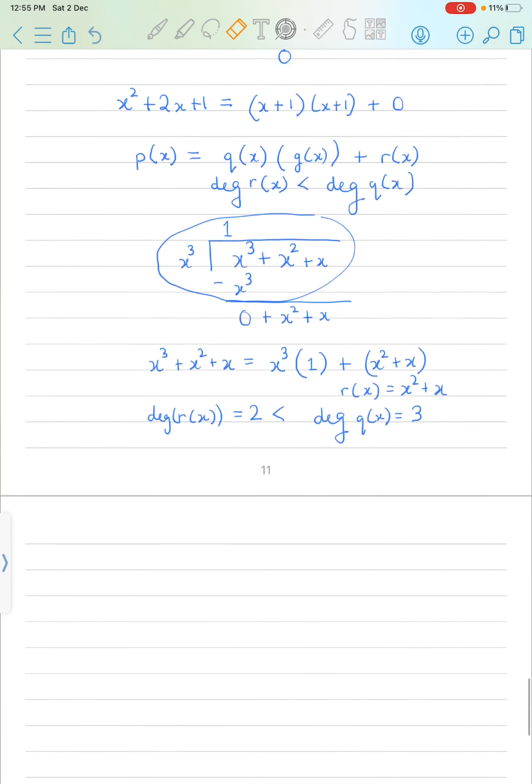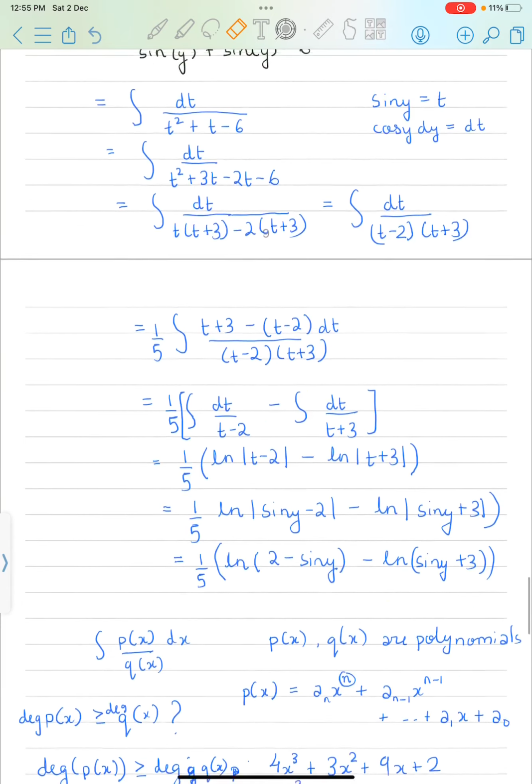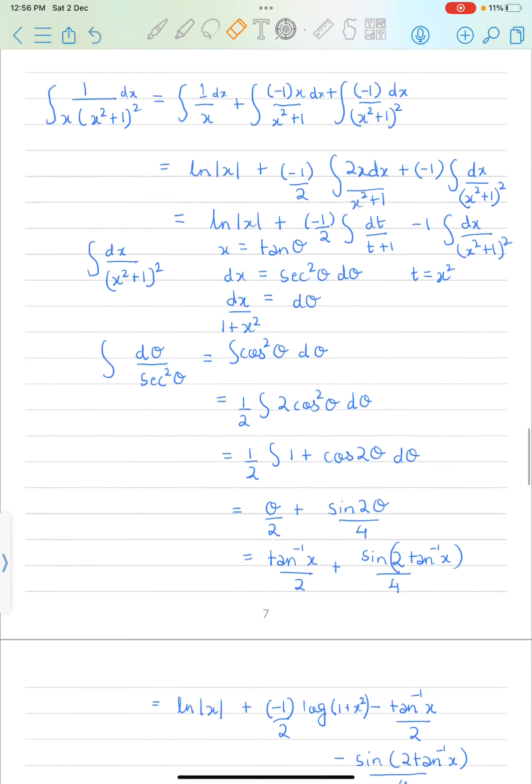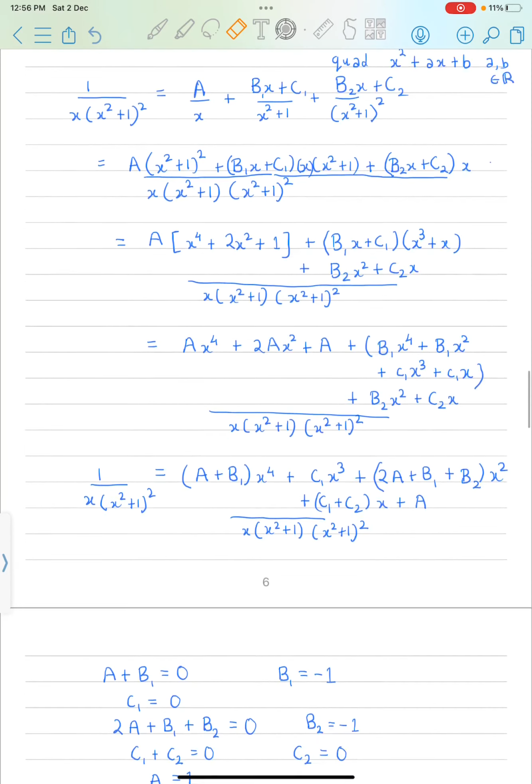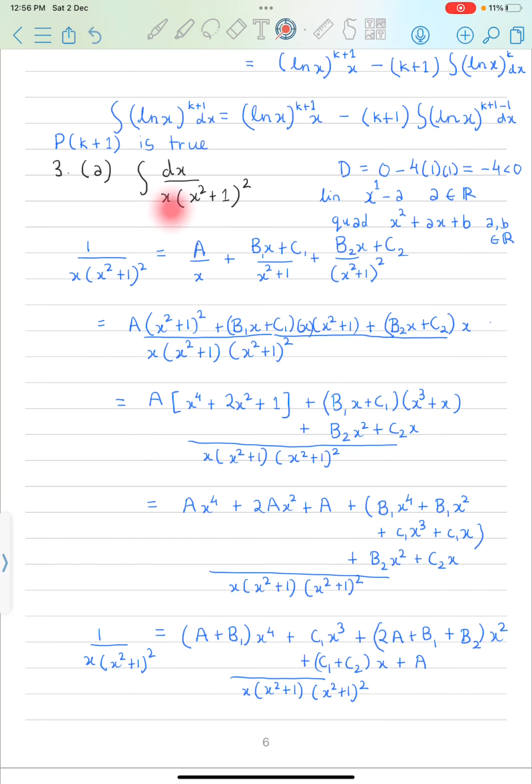In the first question here, we have already been given that the numerator is 1, so its degree is obviously less than that of the denominator, because here there is x to the power 1, and it is also multiplied with x square plus 1 whole square. So we don't need to divide the polynomial, we'll just take it as it is.